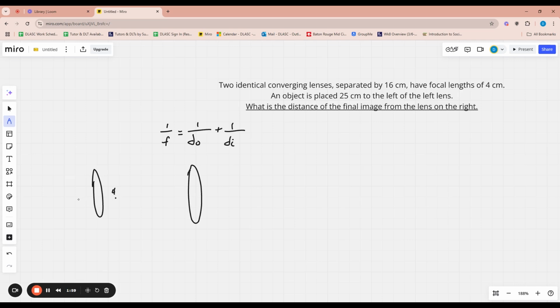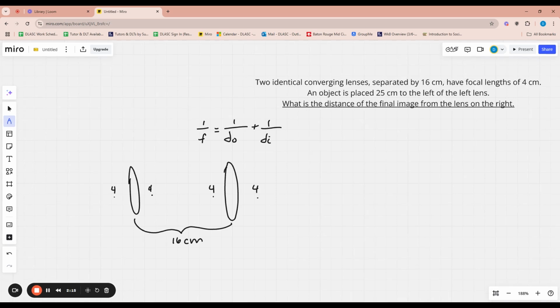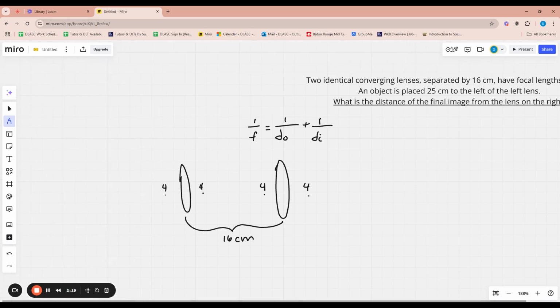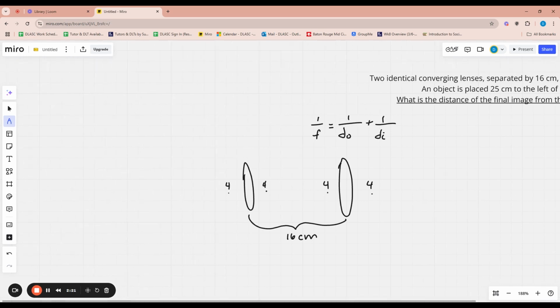Here we have 4, 4, and they're identical. So they both have the same focal length. They're separated by 16 centimeters. And the object is placed 25 centimeters to the left of the left lens. So here we have our object.